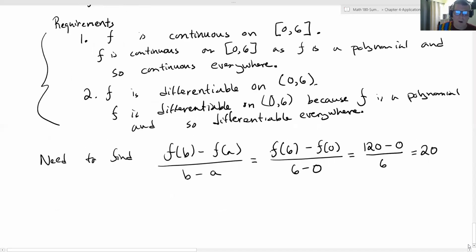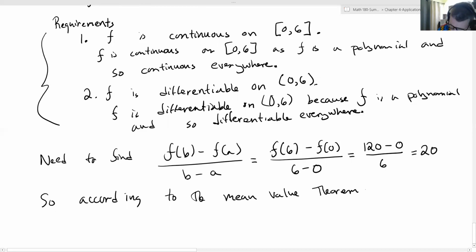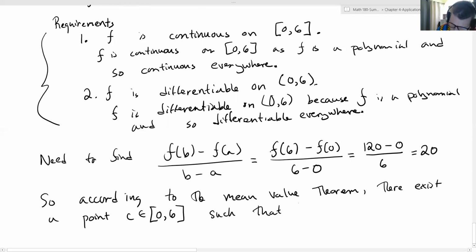According to the mean value theorem, and this is our statement, there exists a point c in, meaning belonging to, 0 to 6, so that's the x values, such that f prime of c equals 20.